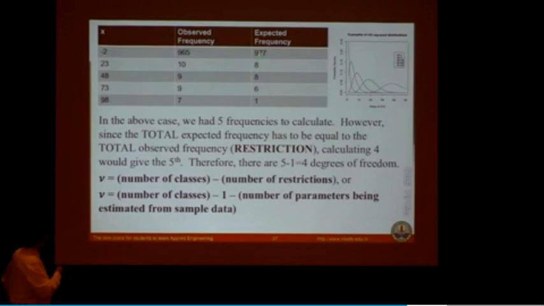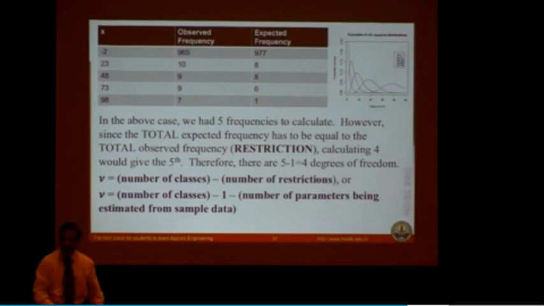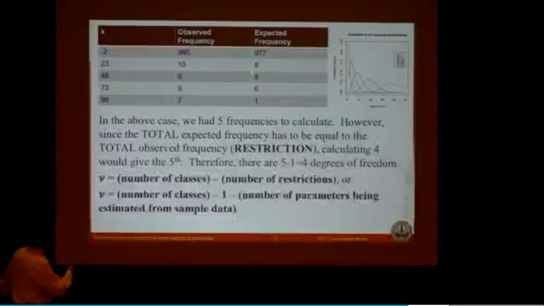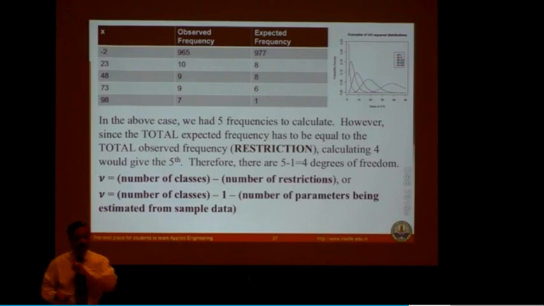Because this is counted, this is the data I have. But I had to calculate 5 expected frequencies. But I don't need to calculate all 5. I put one restriction that the total observed frequency and expected frequency should be equal.